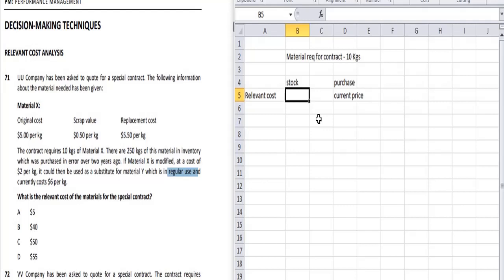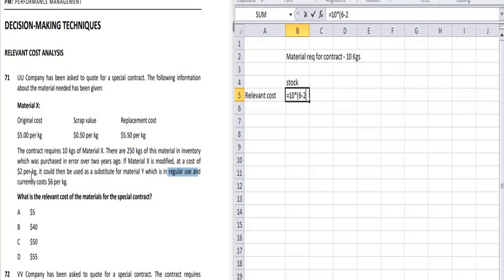So now, the material required is 10 kg, it is available in the stock and it is in regular use. So our relevant cost for this scenario, as I told, will be the current cost. How much material do we require? 10, and the current cost is 6, but we need to modify it. The alternative use cost here is that we need to modify it, which means 2 per kg will be required to modify it.